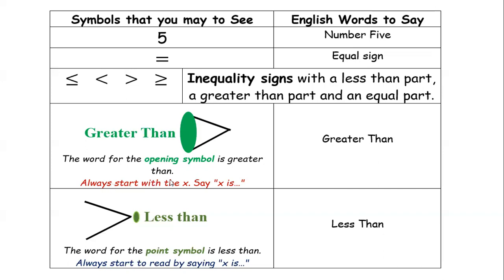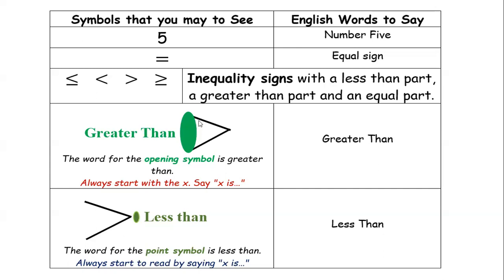Always start with the X. Say X is. So when there is the letter X or any number associated to this symbol, you start with it. And what you see, that's what you say. Because you can start from the right.